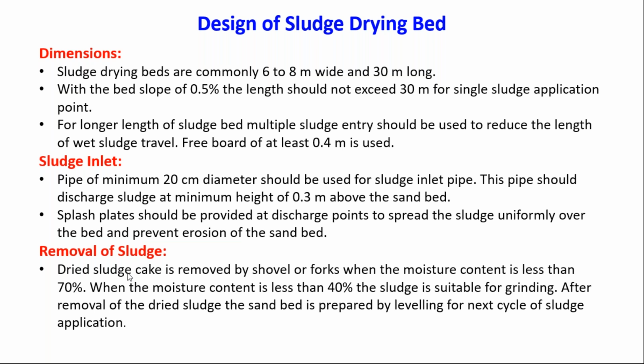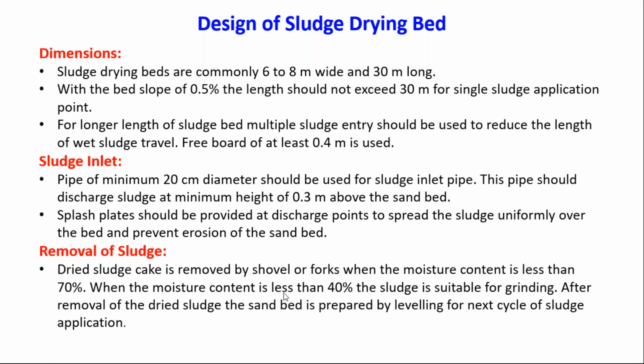And then removal of sludge, that is dried sludge can be removed as a cake by shovel or forks when the moisture content is less than 70%. So more than 70% of water is going to be removed or eliminated from this sludge, and this dried sludge can be removed with the help of shovel or forks.